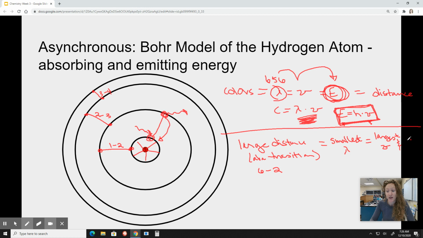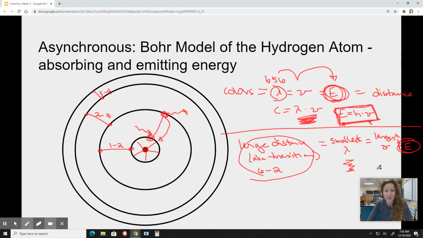So it's going to have the largest frequency, and it's also going to have the largest quantity of energy absorbed and emitted. So a very large distance means a very large amount of energy. Small wavelength, yes, but that's only because they're indirectly related. Very large frequency, very large energy.